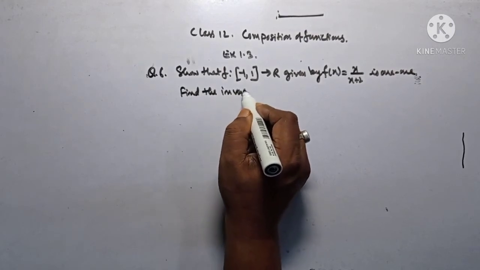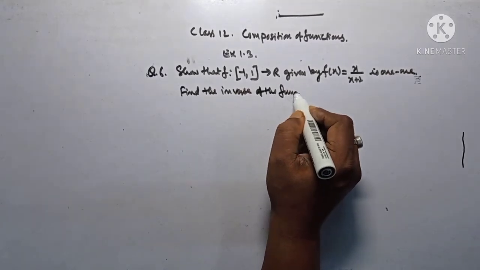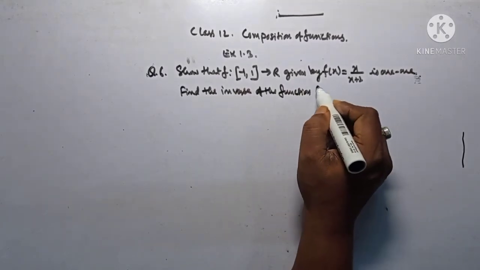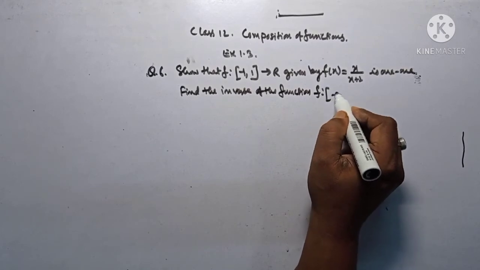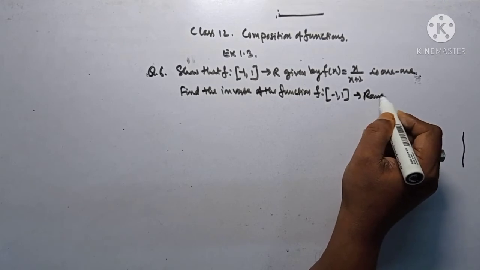We have to find the inverse of the function f from -1 to 1, that is range of f.